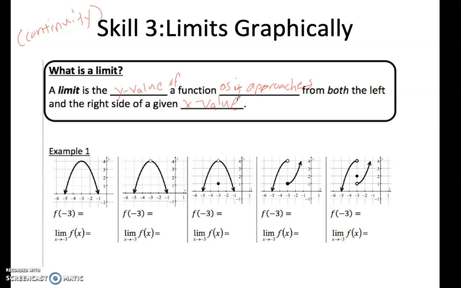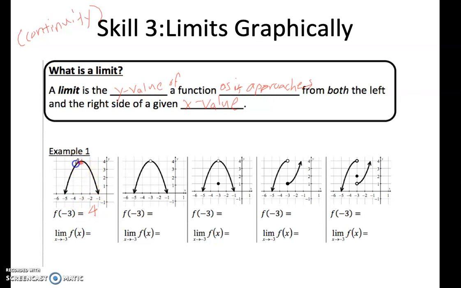I really like example 1 because it gets us connecting to continuous and not so continuous functions, and making the connections with the idea of a limit. On the left here we have a very nice, well-behaved beginning of algebra 2 parabola. Nice and continuous. Right at -3, that y value is exactly 4.